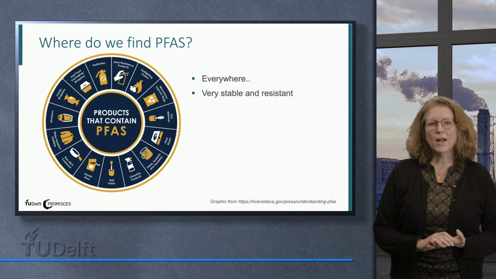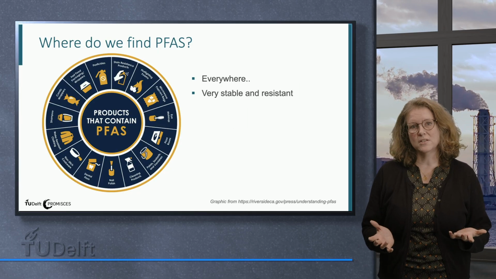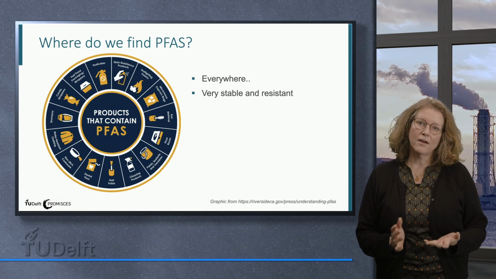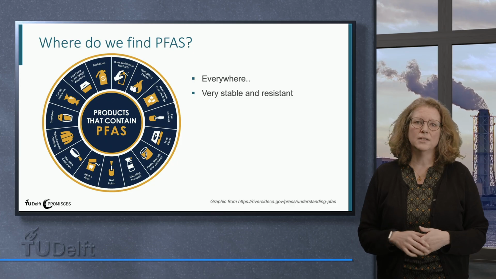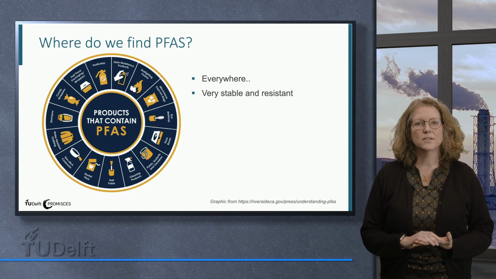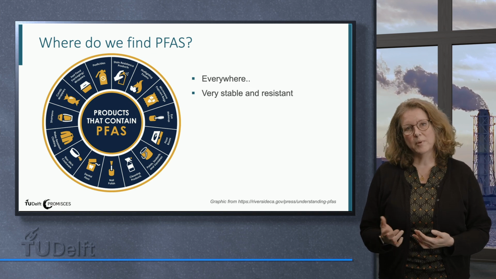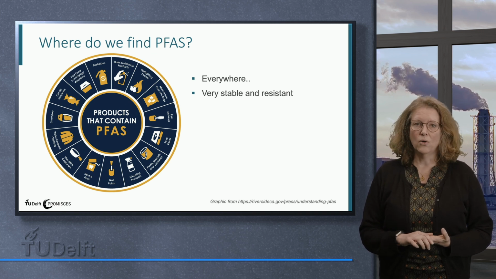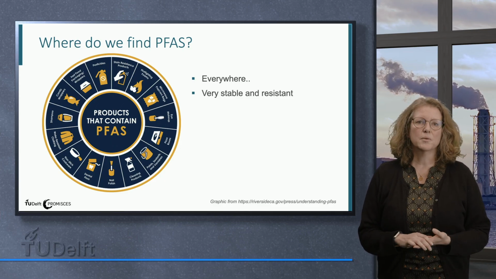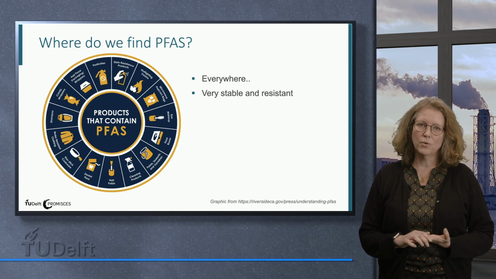To the question, where do we find PFAS, the answer is easy: everywhere. In current industrial society, where everything is designed around consumer ease and practicality, PFAS come in very handy in a wide variety of products due to its high stability, hydrophobicity, and oil resistance, from clothing to furniture, carpets, pizza boxes, paint, cookware.